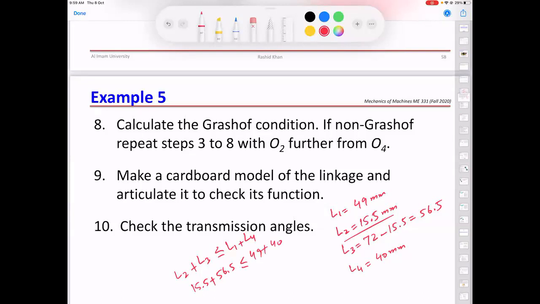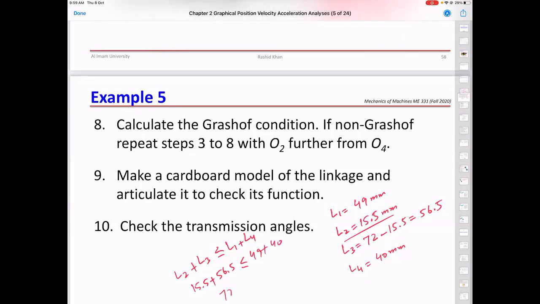Definitely 15.5 plus 56.5 becomes 72, which is less than 89, right? So by the way, the crank is the minimum length, so this is a crank rocker mechanism, right? Yes, crank rocker mechanism.